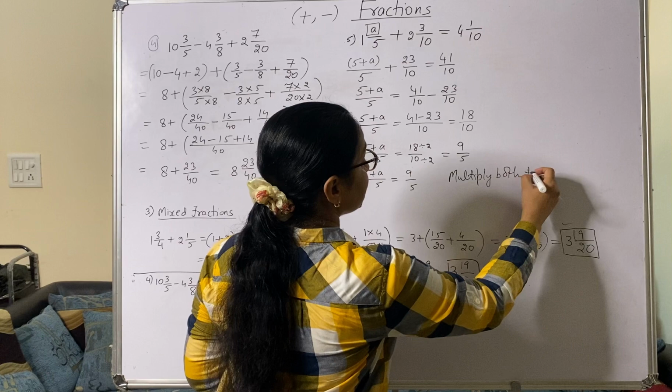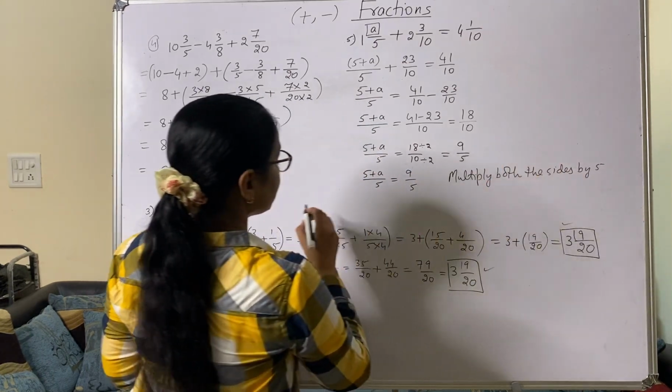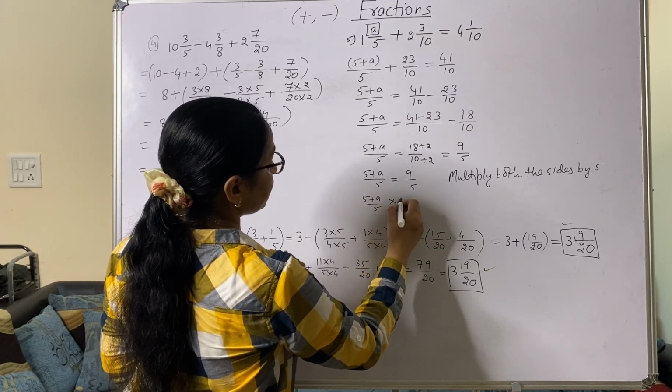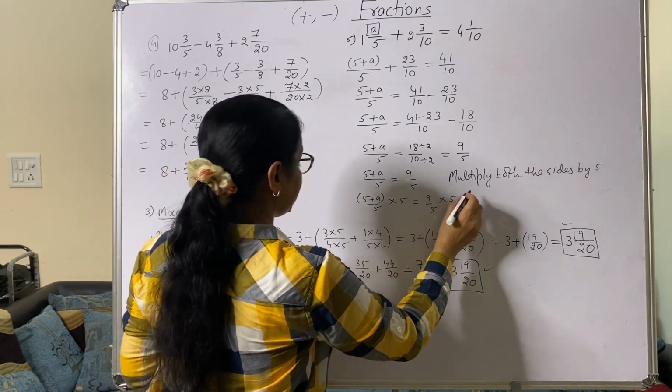Multiply both the sides by 5. So see what will happen if I multiply 5 plus a by 5 multiplied by 5, and here 9 by 5 multiplied by 5.